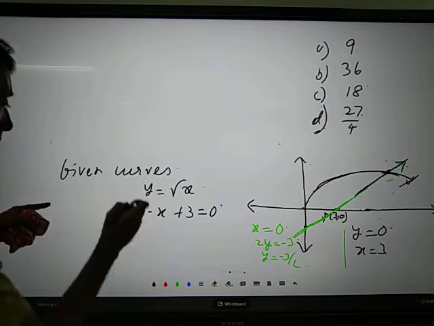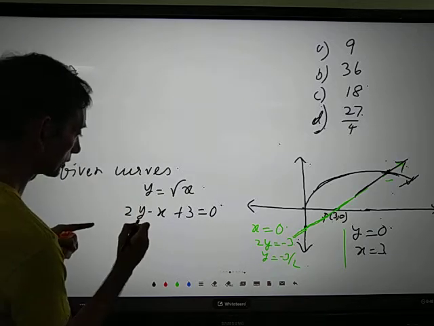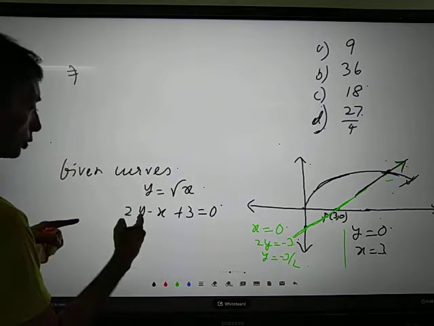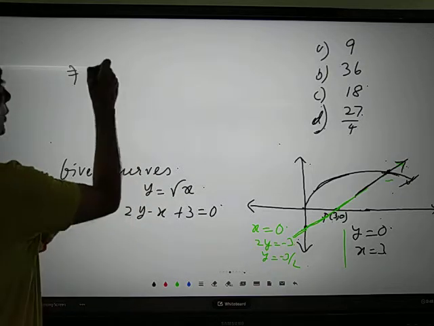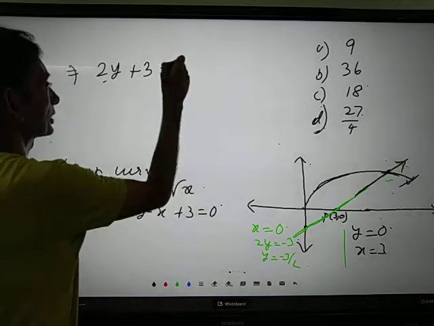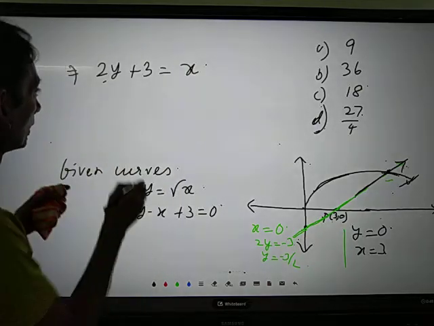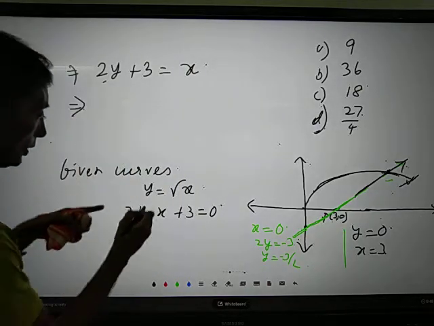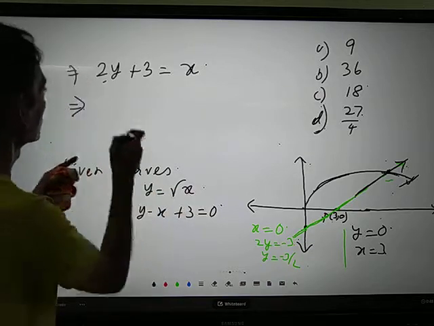We'll solve this. Right? And this is 2y plus 3, and you can transpose x this side, this is x. Now, if y is equal to root x, what is the value of x?